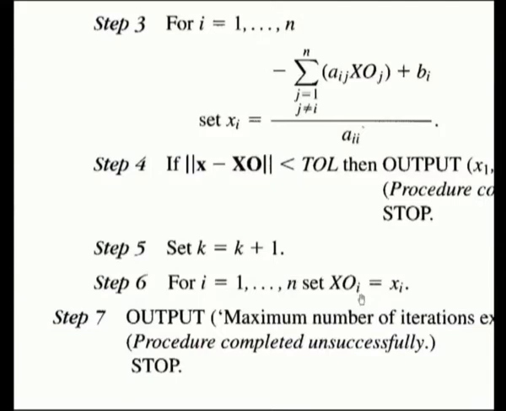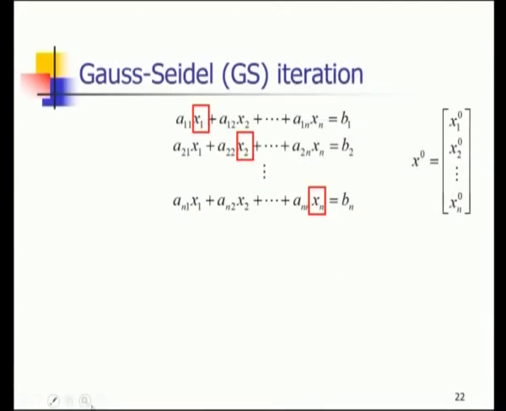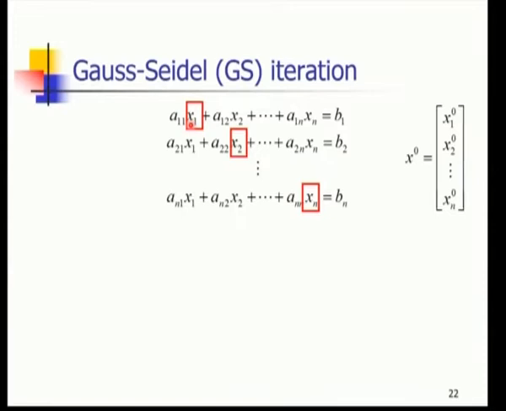Now we are going to see the next iterative method, called the Gauss-Seidel iterative procedure. The Gauss-Seidel method is just a modification of the previous method, the Gauss-Jacobi iterative scheme. While solving the first variable, there is no change, it is the same as the Gauss-Jacobi procedure.